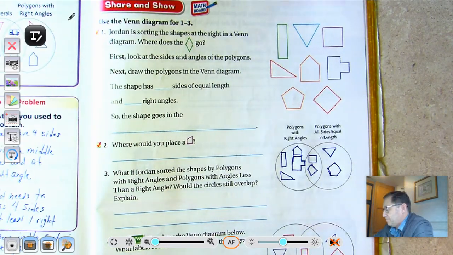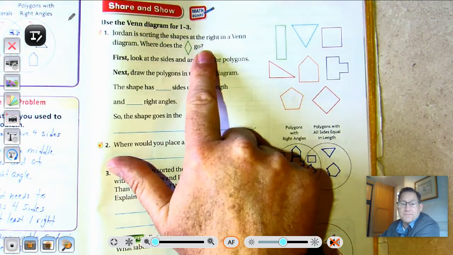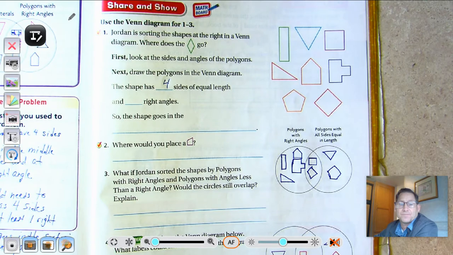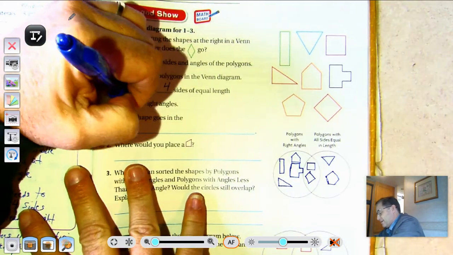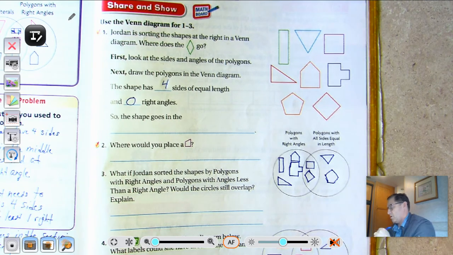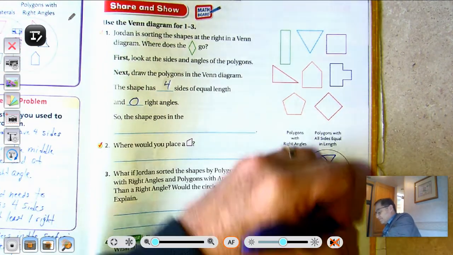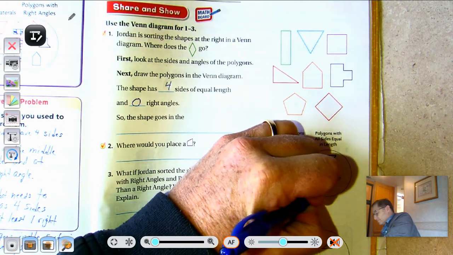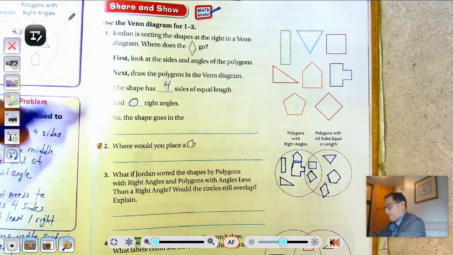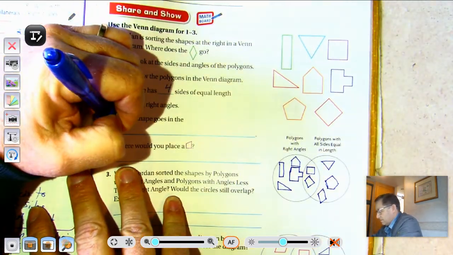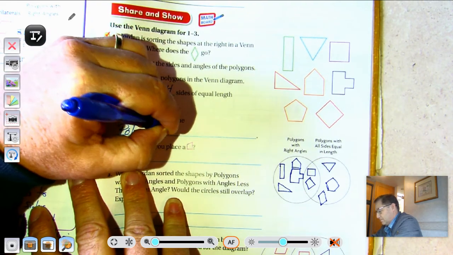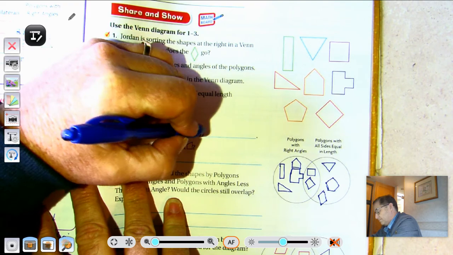All right, so now this shape that we have to place has four sides equal in length, but it doesn't have any right angles. So the shape goes in the polygons with all sides equal.